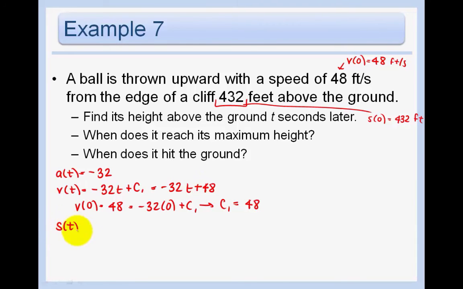So take another antiderivative, add 1 on. 32 divided by 2 is negative 16t squared plus 48t plus some constant. And you know the initial position was 432.